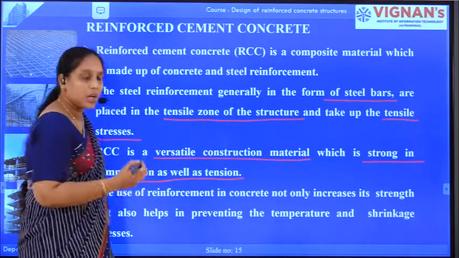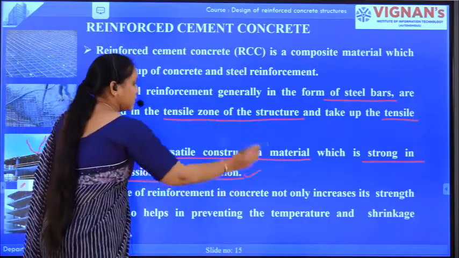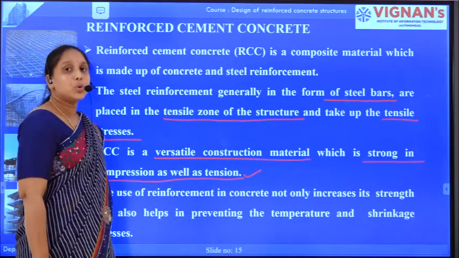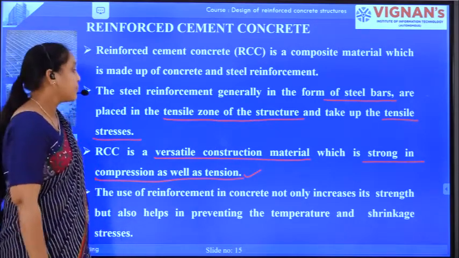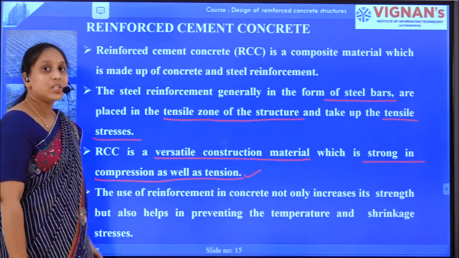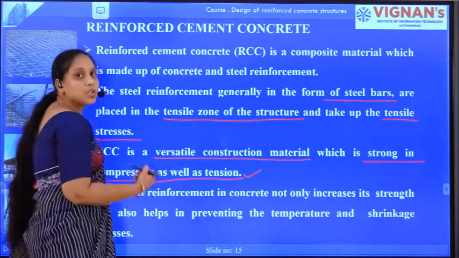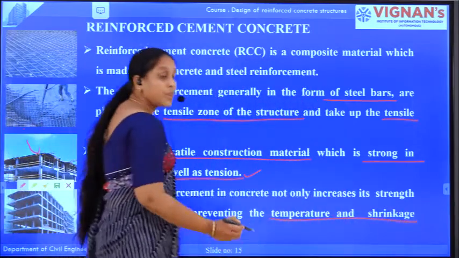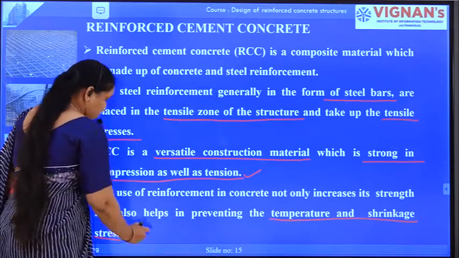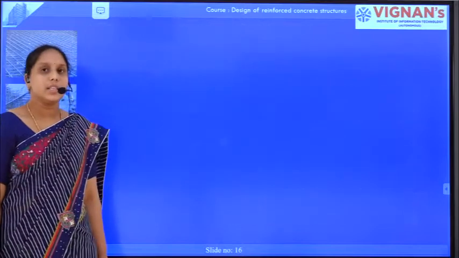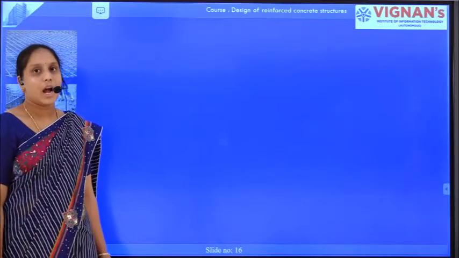Due to the use of the reinforcement, it not only increases the strength but also helps in preventing the temperature and shrinkage stresses which develop in the concrete. Now let us see the advantages of RCC.